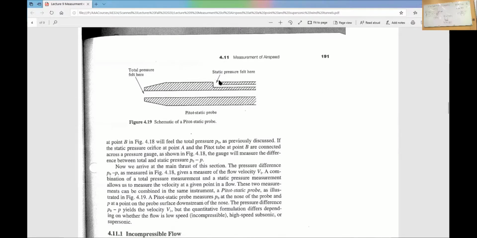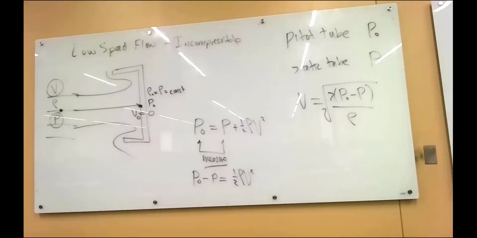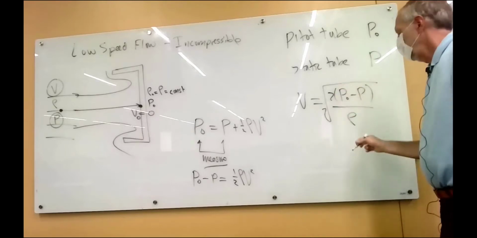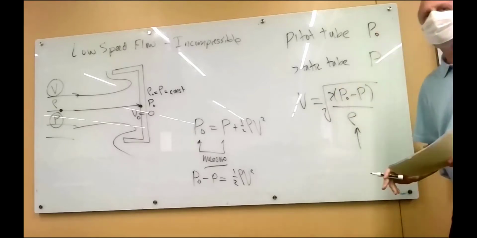And then this little side port measures static pressure. And you hook those up to a differential pressure gauge and you get the difference. So from this formula, we measure this difference here, and then all we need to do is know the density and we're good.